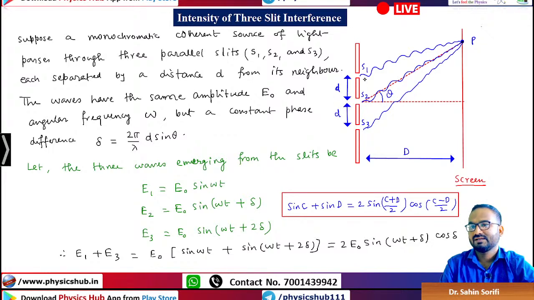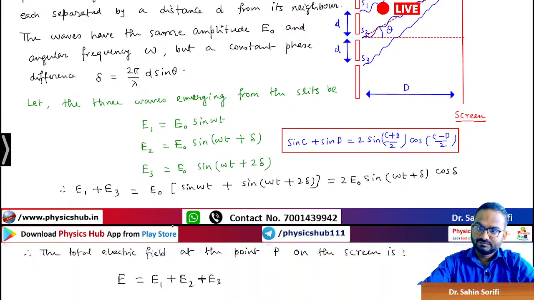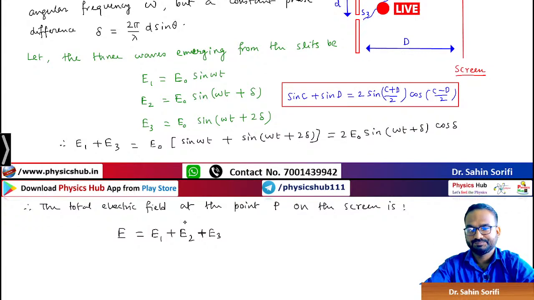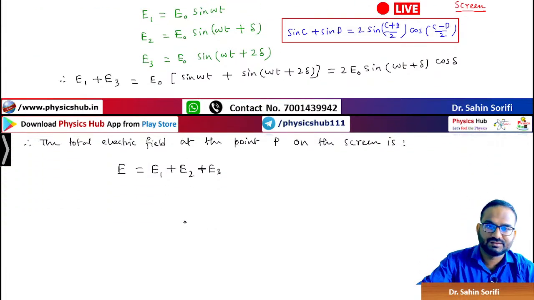So we can imagine that these light waves are traveling in almost a single direction. That is why we were able to remove the vector signs. So we have E1 plus E2 plus E3.